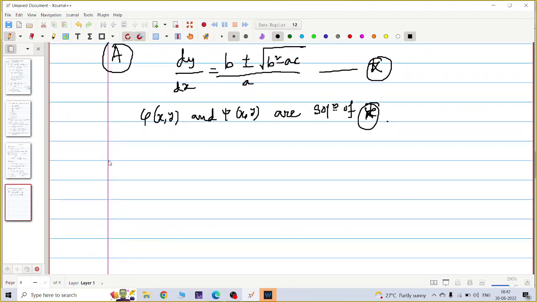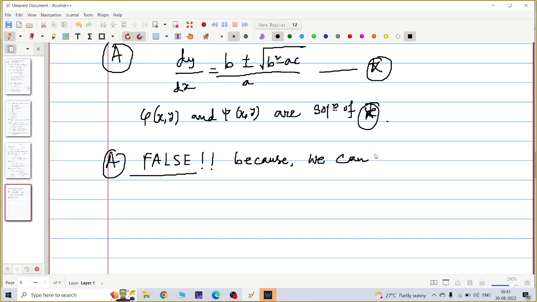Option A is false, because we can always write the equation. Sir, one example, please. I will give you one example. I can actually give an example from the questions only. So we can always write.